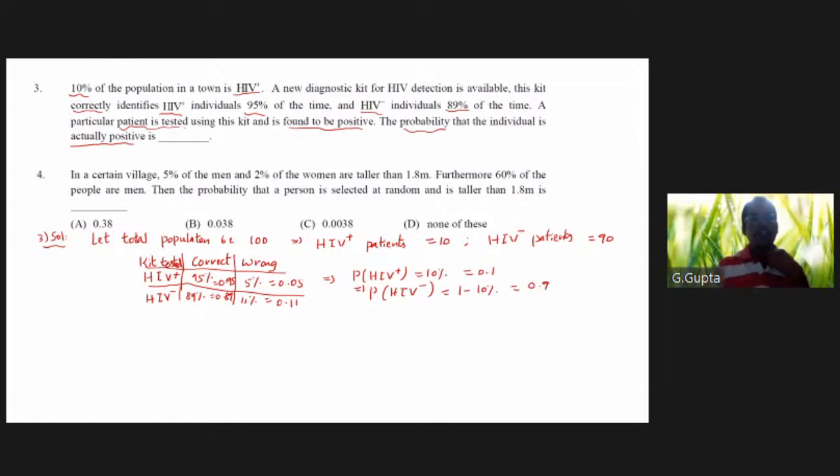Take care. And what exactly is given: the probability that an individual is actually positive means I can write directly the required probability.